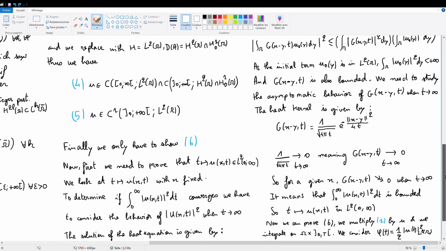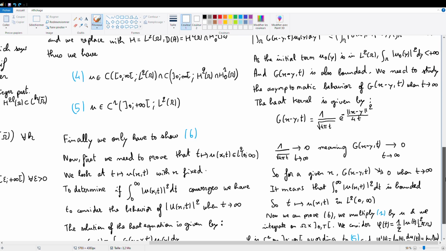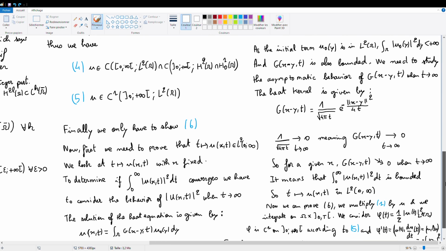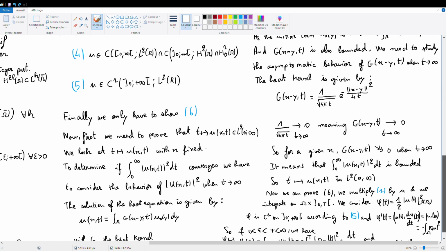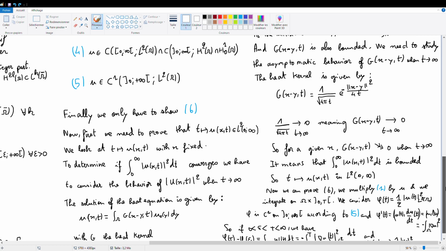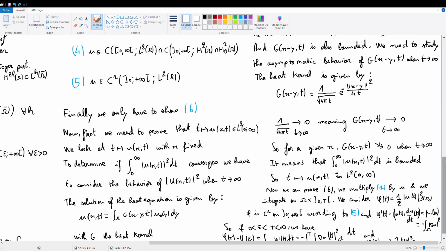The heat kernel is given by the following function. When t goes to infinity, 1 over the square root of 4 pi t goes to 0, meaning our function g goes to 0.